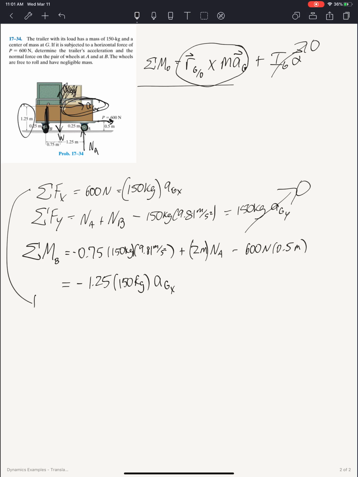From the first equation, we find that AGX is equal to 4 meters per second squared. We take that result and plug it in here. Then this equation has only one unknown, NA.